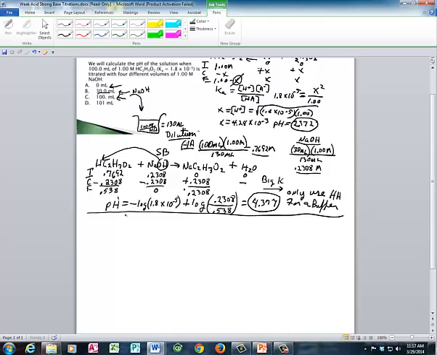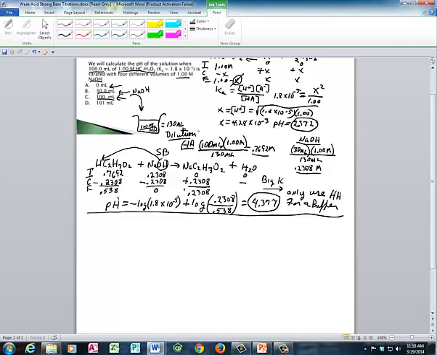And what I note is that I've got 100 milliliters of 1 molar weak acid, acetic acid, and I'm adding 100 milliliters of 1 molar strong base, sodium hydroxide.